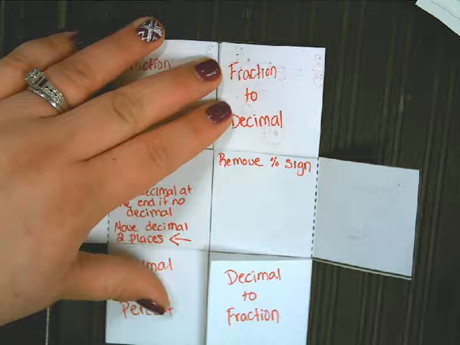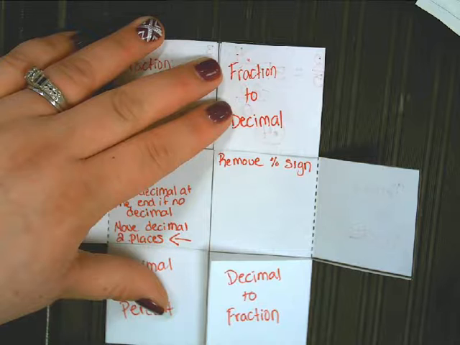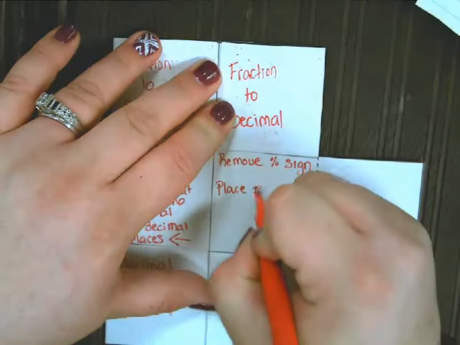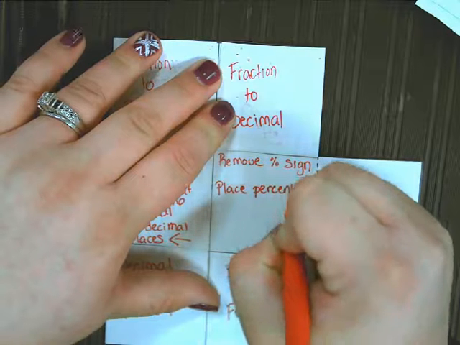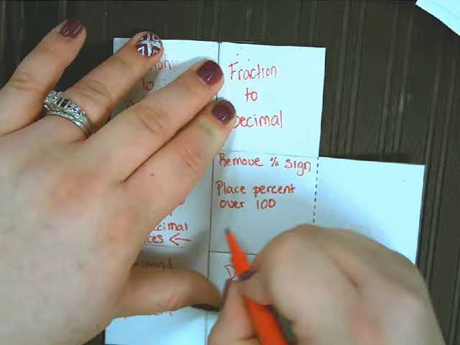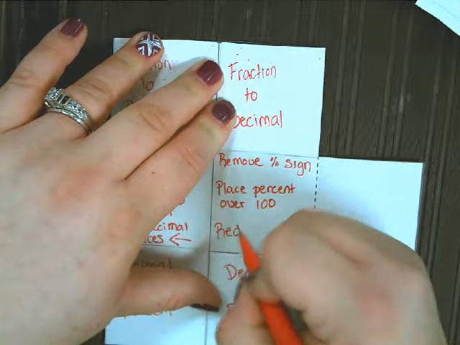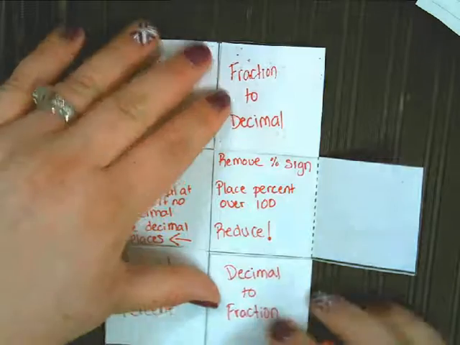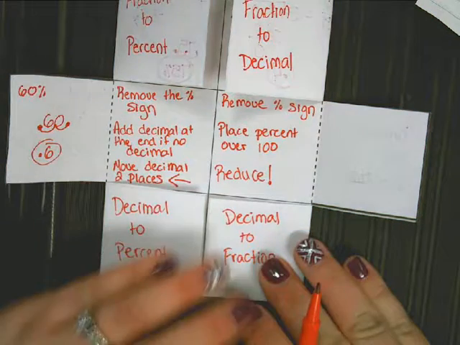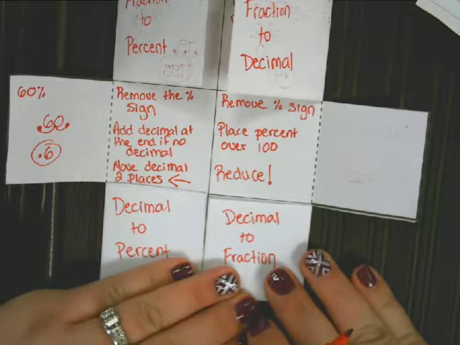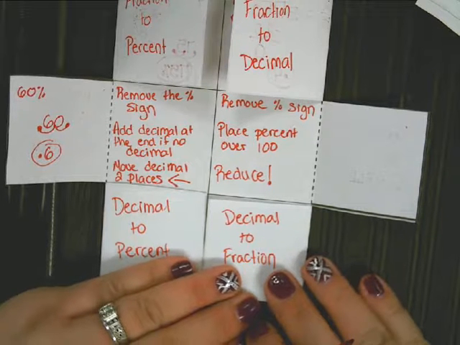So you're going to place the percent over 100, and since it's a fraction, you have to reduce. It's going to be over 100 because percents are out of 100.